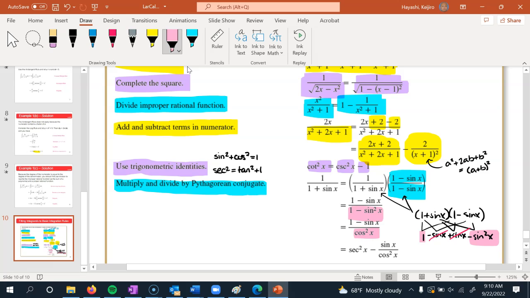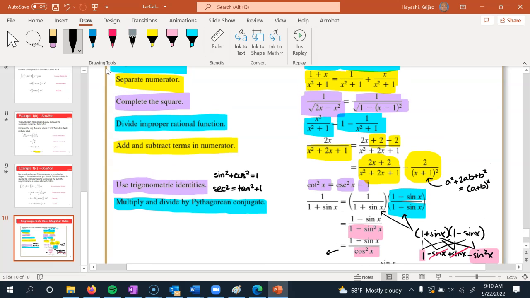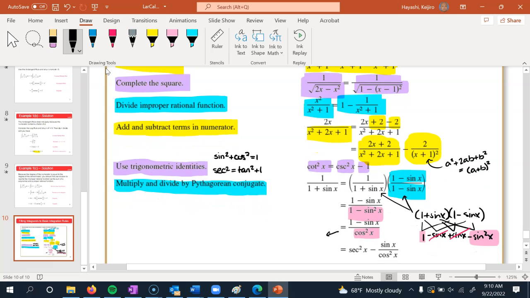And then I feel like a step gets skipped here. But then this numerator is split up. So you can see that within this technique there are other techniques in this list that are applied in the process of doing this. There's going to be 1 over cosine squared minus sine of x over cosine squared of x.